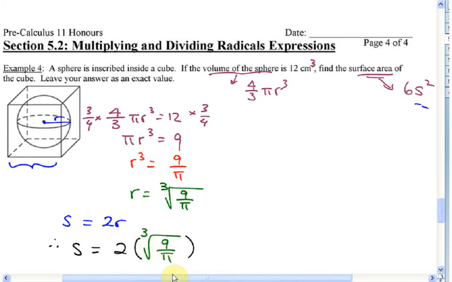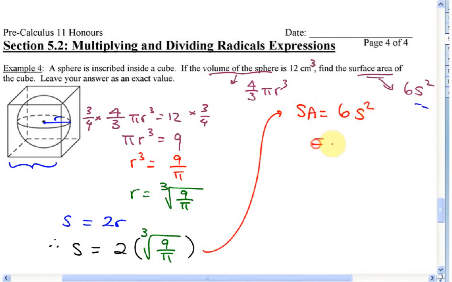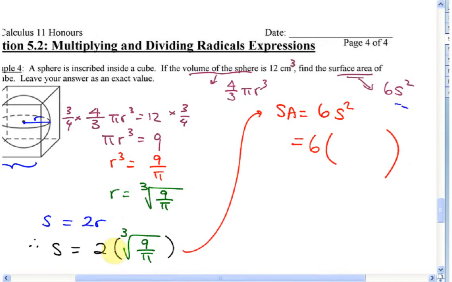Okay. And then, since I want to find the surface area of the cube, you told me the surface area was 6s squared. So instead of having s, I'll replace it with this now. 2 cube root of 9 over pi, all squared.